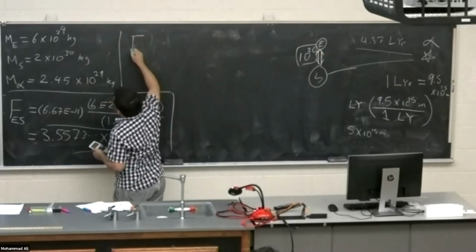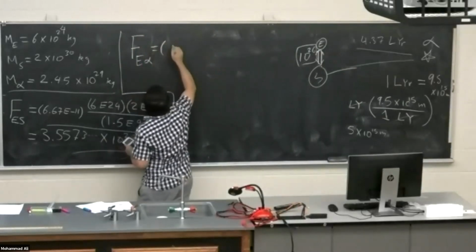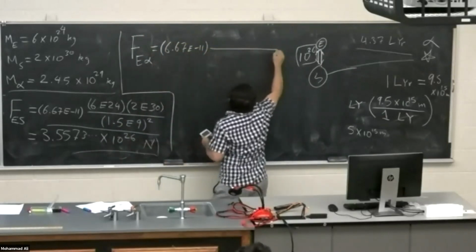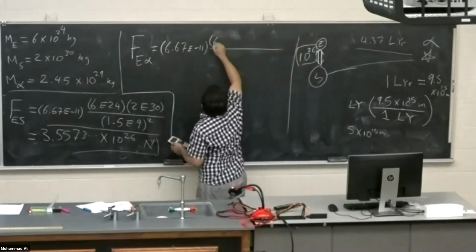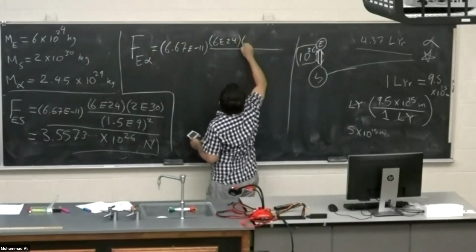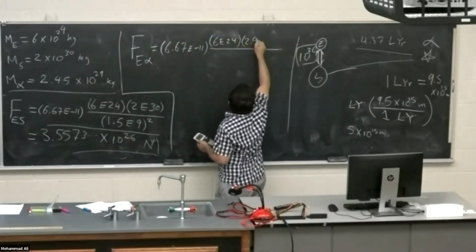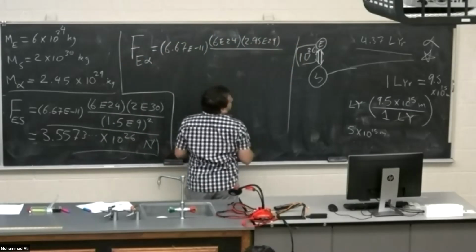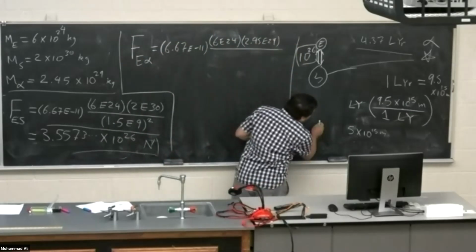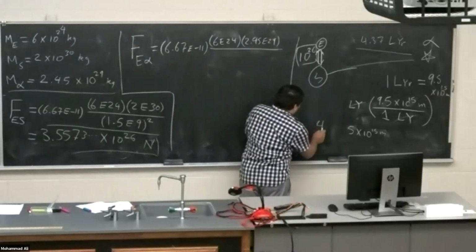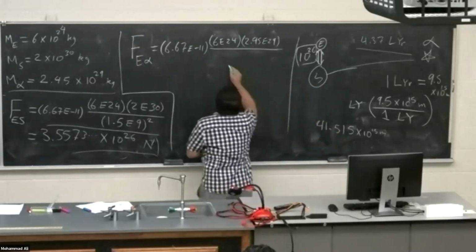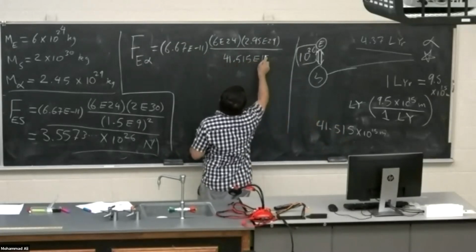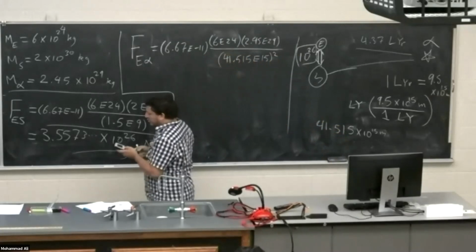The force between Earth and Alpha Centauri is equal to 6.67 E-11, the mass of the Earth is again 6E24, the mass of that one is 2.45 E29, almost the same as the sun, over the distance, which is 41.515 E15 squared. Wow. Okay. Let me do it again.